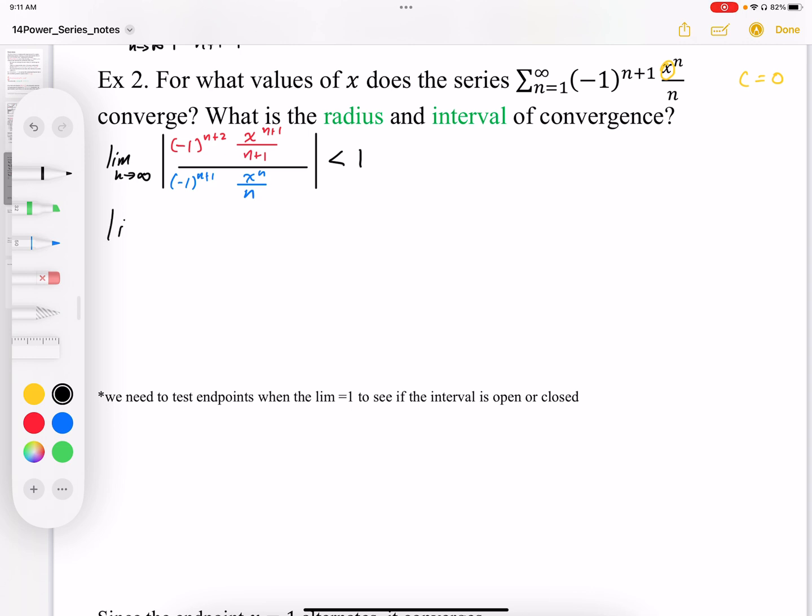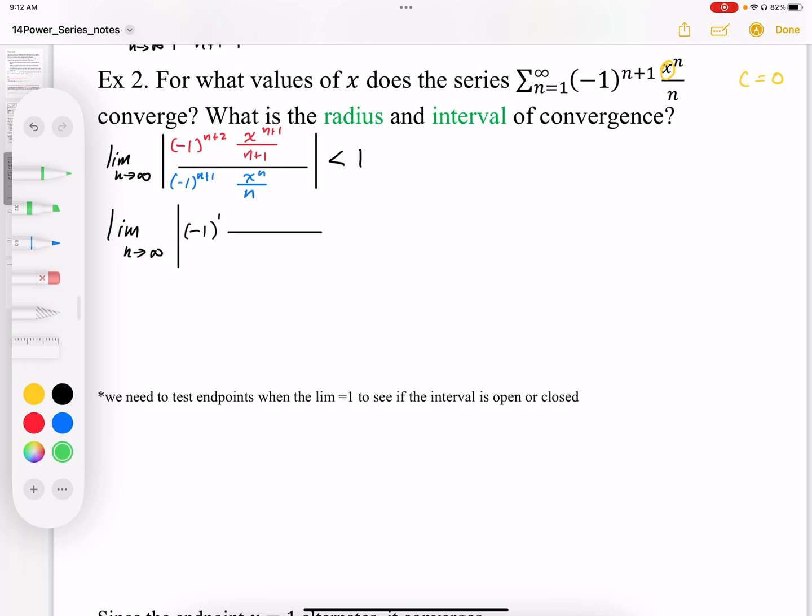I'm going to group a bunch of these terms together. So the -1 to the n plus 2 over -1 to the n, I'm just going to write that as -1 to the power 1. Okay, and then I'm going to group the other terms here. The x's are going to go together.